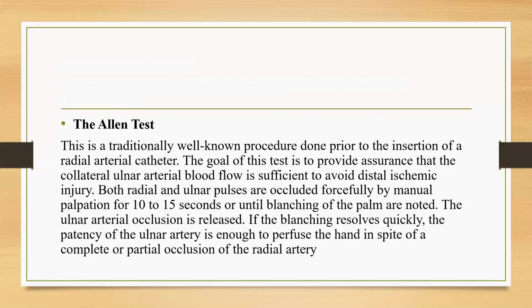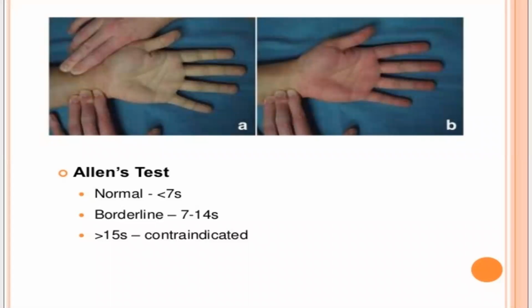The ulnar arterial occlusion is released. If blanching resolves quickly, the patency of the ulnar artery is enough to perfuse the hand in spite of complete or partial occlusion of the radial artery. This is how the Allen's test is performed.